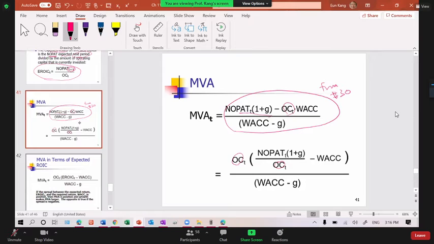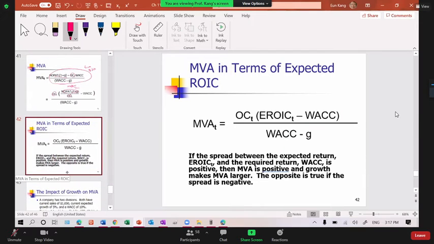And NOPAT_t times 1 plus G is nothing more than NOPAT_t+1. Then suddenly NOPAT_t+1 over operating capital_t is EROIC, right? So we can write the MVA formula simply this way: OC_t times EROIC minus WACC over WACC minus G. So this is maybe more intuitive.